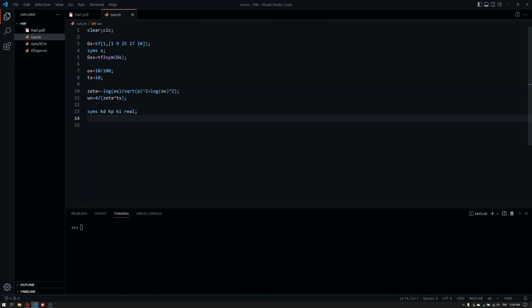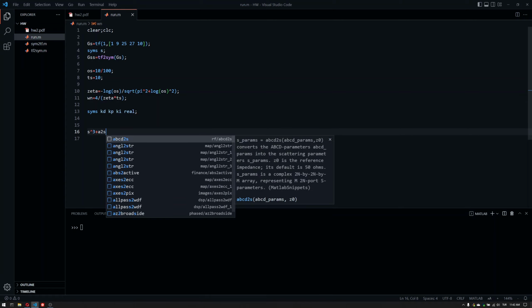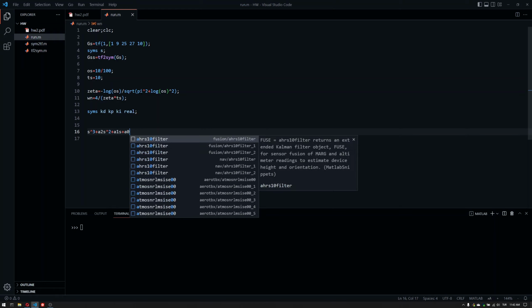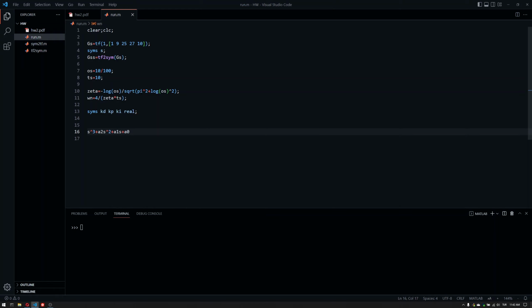If we have a certain polynomial of a certain order, if the order is, let's say, n, let's start with n equals 3. If we have a polynomial that looks like a2 s squared plus a1 s plus a0, we need controller parameters for each coefficient in order to change all the poles freely.